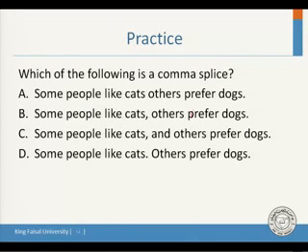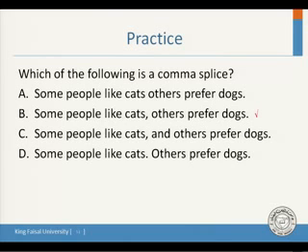Okay. Yes, it's B. What about A? What about sentence A? Yes, it's a run-on. Sentence A is also incorrect because it's a run-on. Sentence B is incorrect because it's a comma splice. Now C and D are correct.